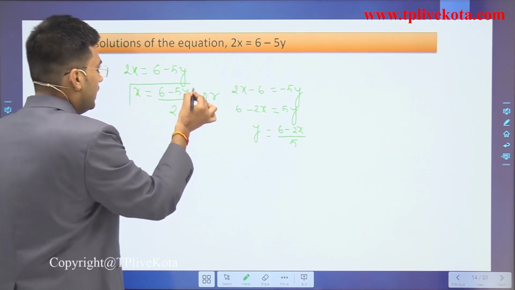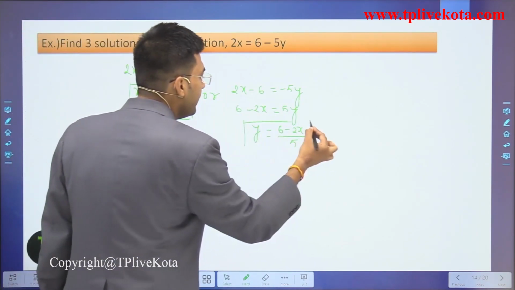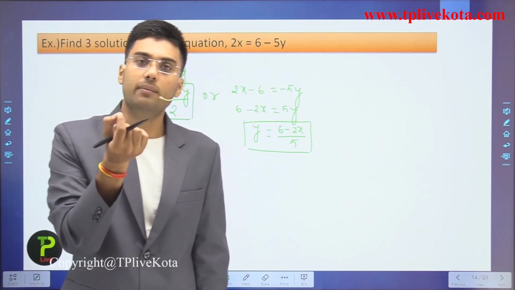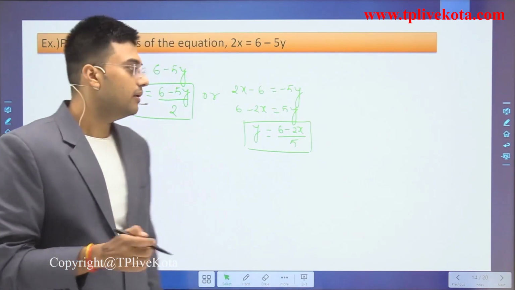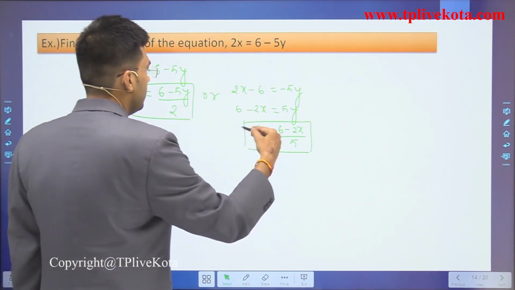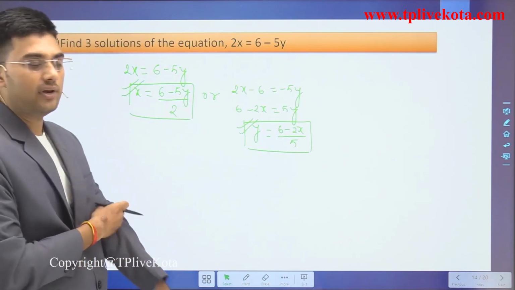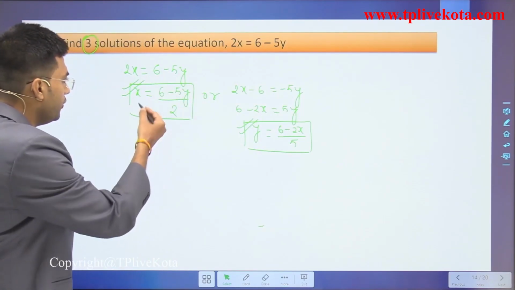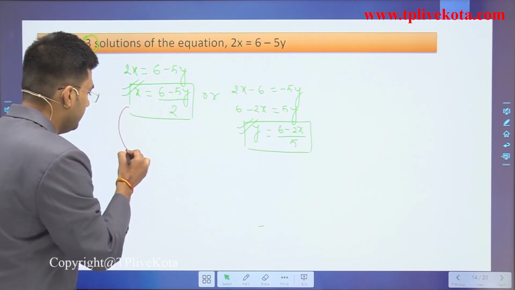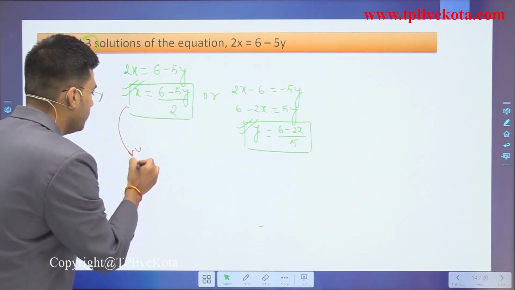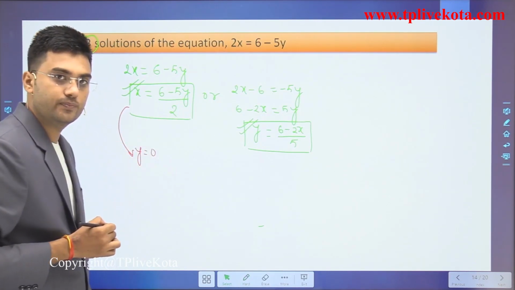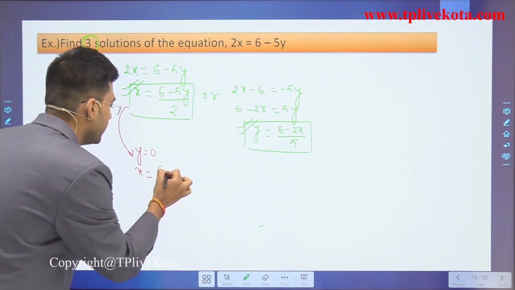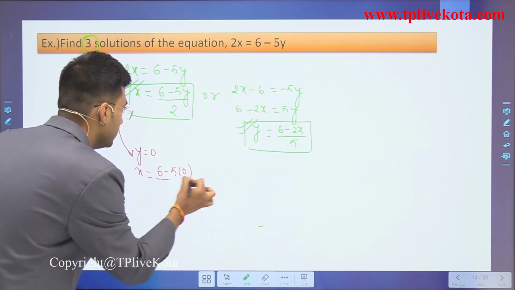Now we can find the values of x and y by putting the value of any one variable and getting the value of the second variable from either of the forms x is equal to (6 minus 5y) by 2 or y is equal to (6 minus 2x) by 5. If we use this form, then first of all we put the value y is equal to 0. If y is equal to 0, then x is equal to (6 minus 5 multiplied by 0) divided by 2.